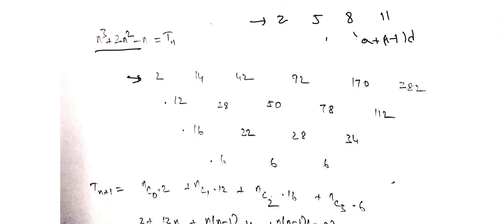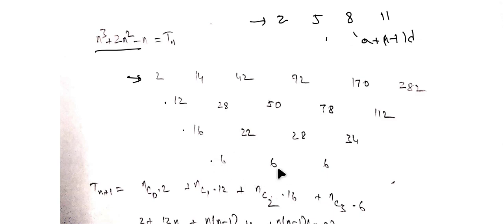Okay, now let's say Tn plus 1. We will try to write the general expression for Tn plus 1. Instead of writing for T3 or T4, we will directly write for Tn plus 1. Tn plus 1 is nC0 into the first, nC1 into this, nC2 into this, nC3 into this.